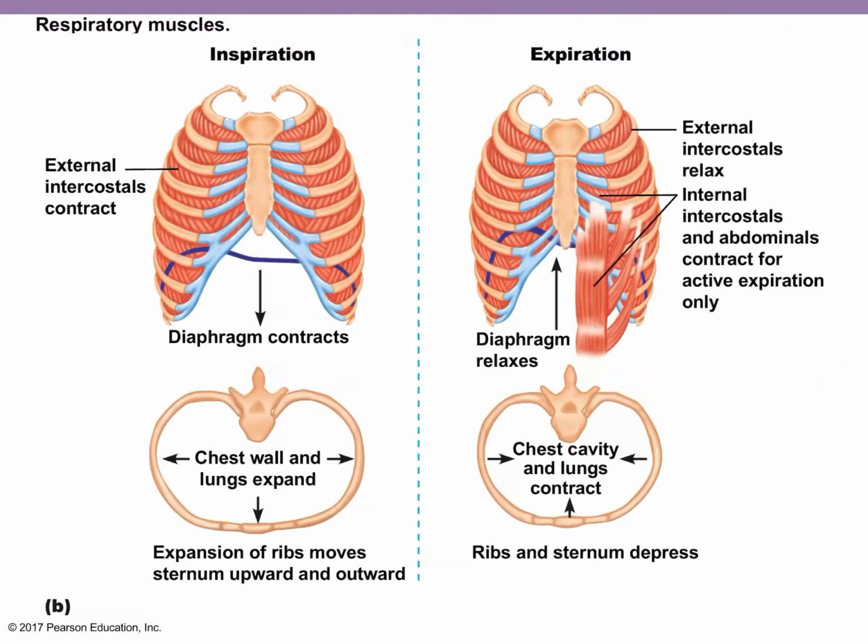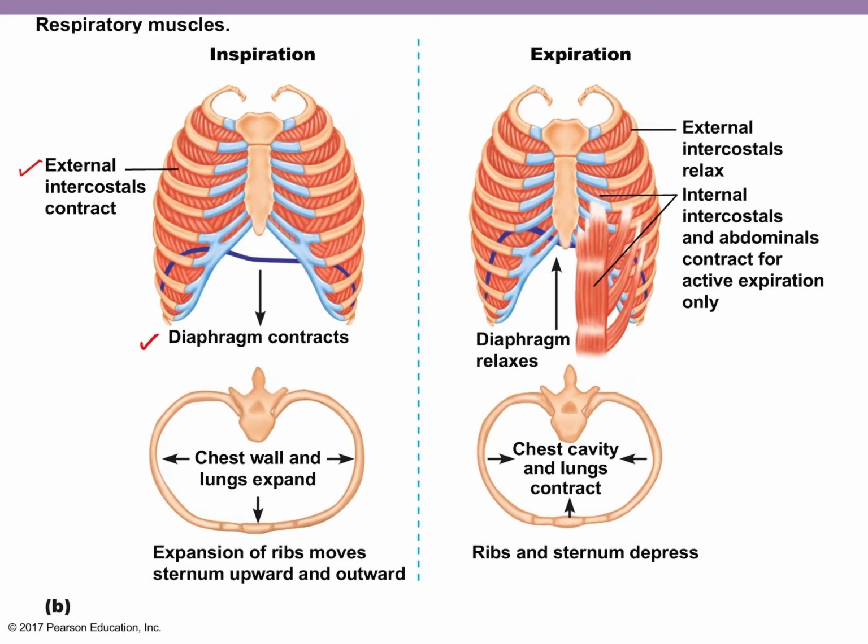The muscles that help you move your chest wall and expand your thoracic cage during inspiration, when you inhale, are your intercostals and your diaphragm. Inhaling is an active process because we do have to contract these muscles.